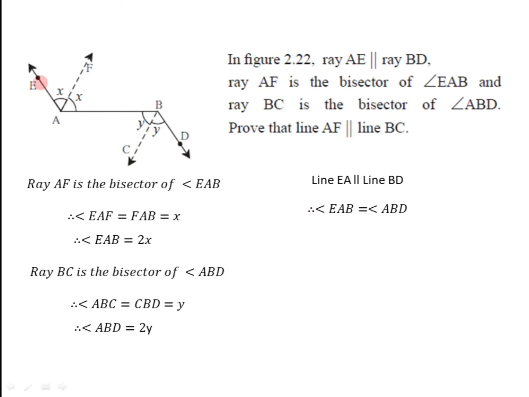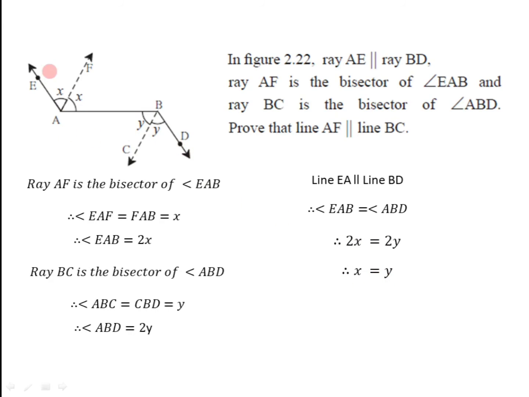That's why we have angle EAB is equal to angle ABD, because these are alternate angles. Now we have the measures of these two. Angle EAB is equal to 2x and angle ABD is equal to 2y. We get here 2x is equal to 2y. On both the sides, 2 will get cancelled to have x is equal to y.